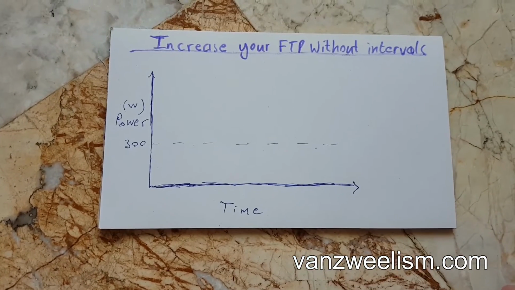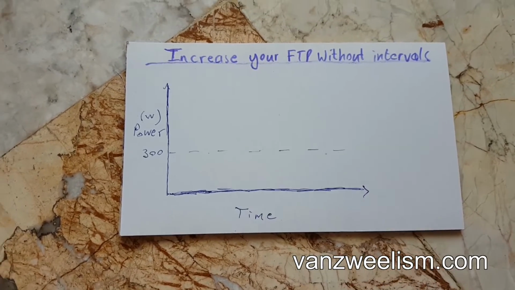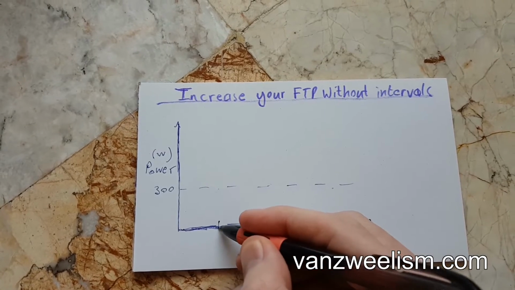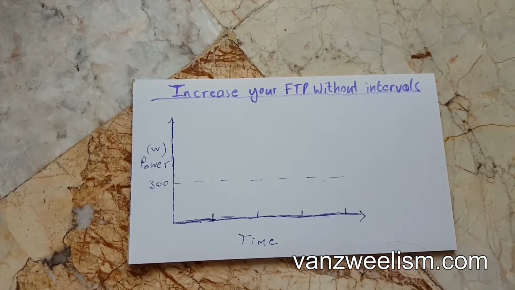So let's say this hard group ride or this race, let's make it a race just to make it a little bit more fun. Let's say the race is 4 hours long. So we'll put here 1 hour, 2 hour, 3 hour, 4 hour.